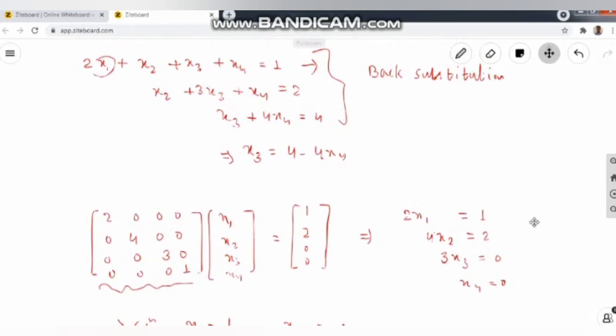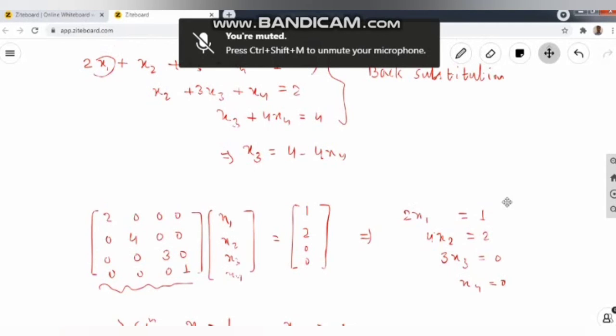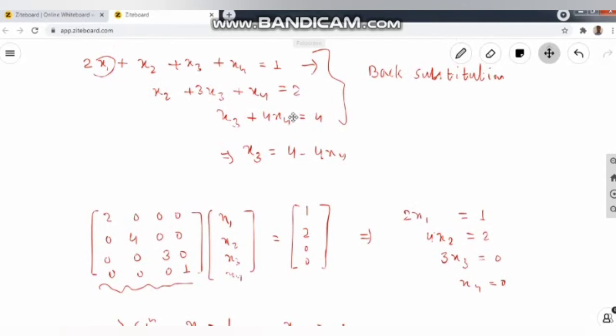In which equation are you putting these values? Yes sir, this is a different system of linear equations. I am saying this is one more we have. This is a system of linear equations which is also simpler to solve, or to find the solution. And this is another system of linear equations I'm considering, where the coefficient matrix is simply a diagonal matrix.